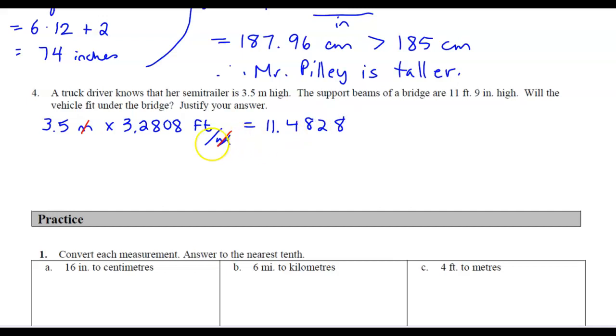So we know that that is in feet now. Okay, so we have 11 whole feet and then plus 0.4828 feet, right? And we need to convert that to inches. So we're going to multiply that by 12 inches in a foot.